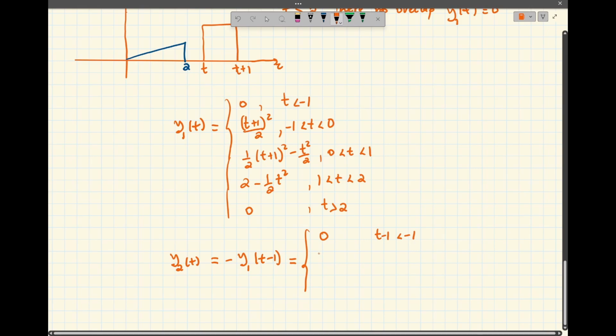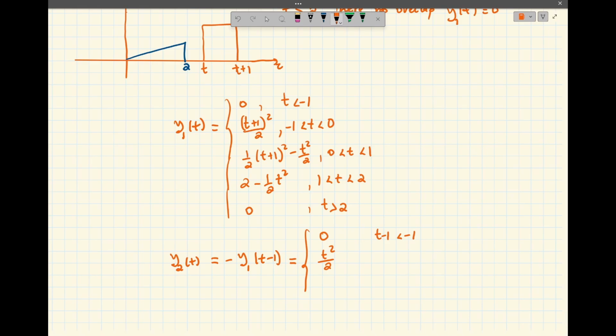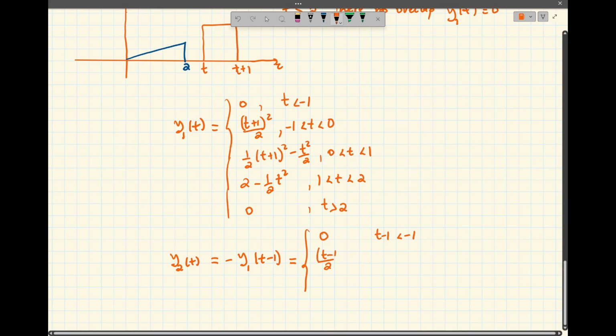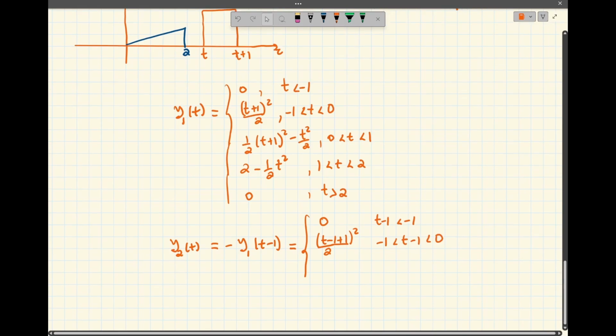And then we have t square over 2, because I replace t by t minus 1, so t minus 1 plus 1. If you like, I could write (t minus 1 plus 1) square when -1 is less than t minus 1 less than 0.